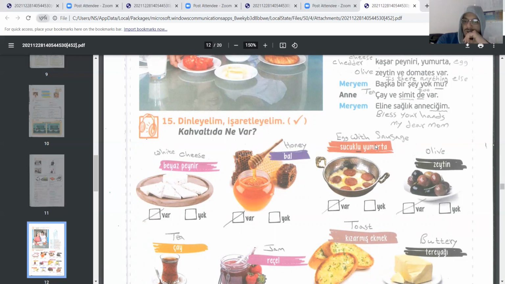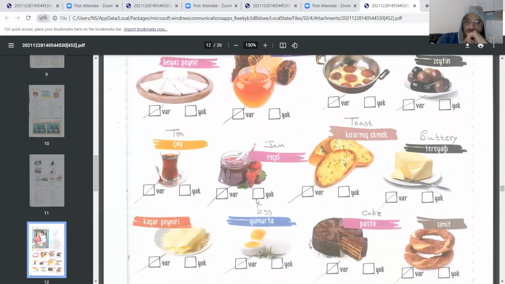Here sucuklu means with sausage. This is egg with sausage. Sucuklu yumurta var. Zeytin, olive var. Çay, tea var. Reçel, that means jam, reçel var.